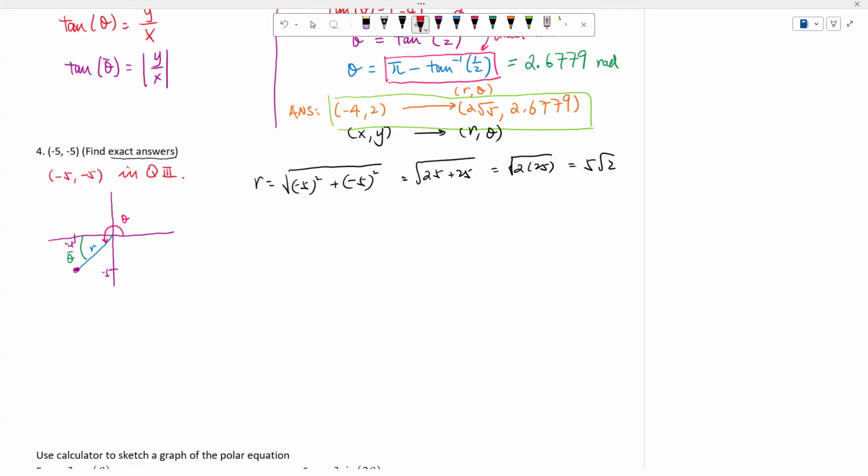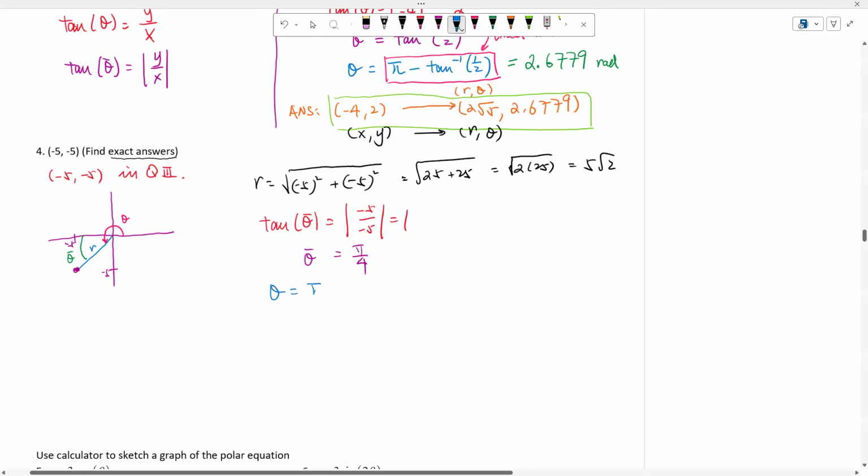And now the tangent of theta bar is the absolute value of -5 over -5, which is 1. And of course, in this case, theta bar will be pi/4. And theta will be pi plus pi/4.